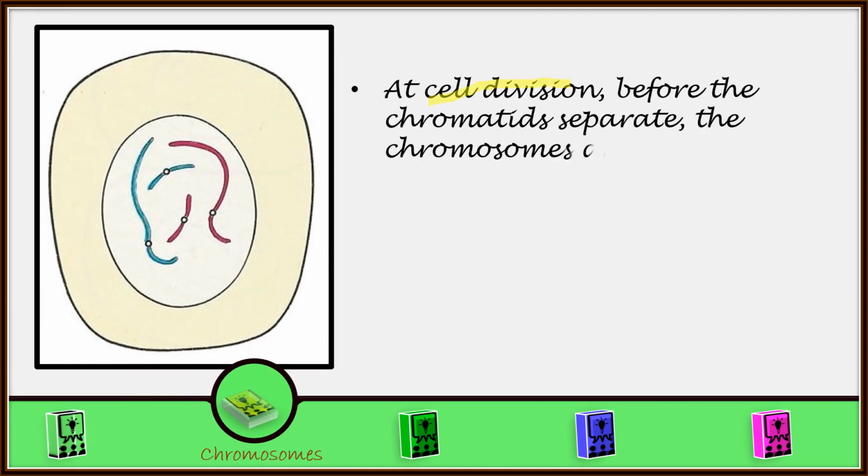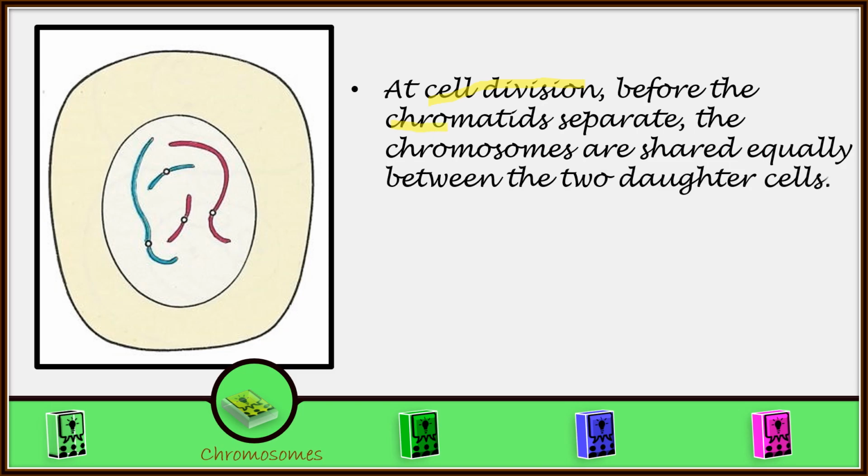At cell division, before the chromatids separate, the chromosomes are shared equally between the two daughter cells. So now our cell is going to undergo cell division. What is going to happen first before cell division takes place?